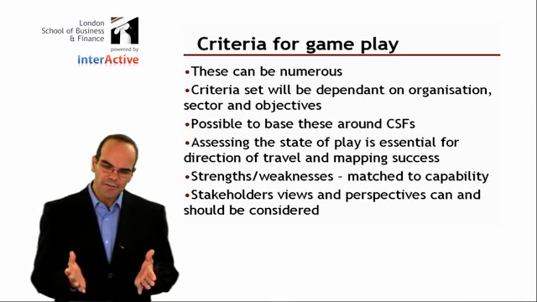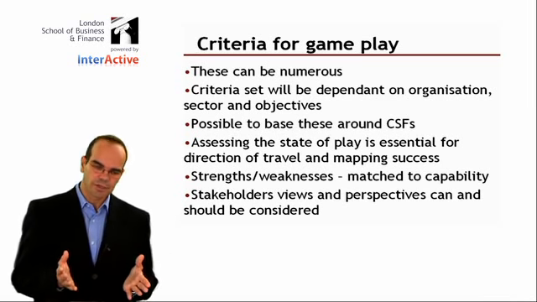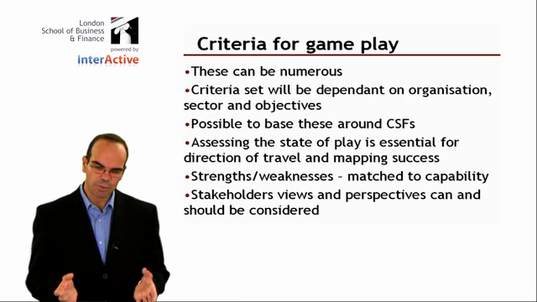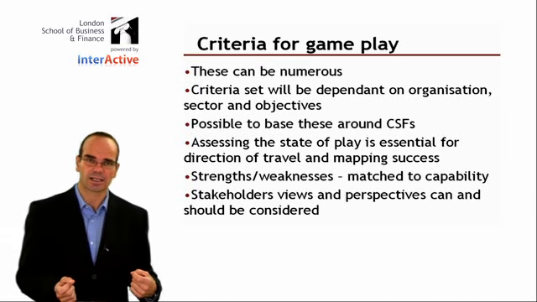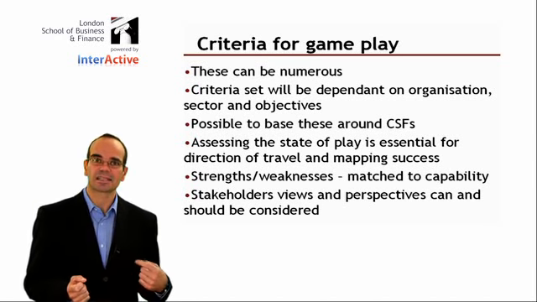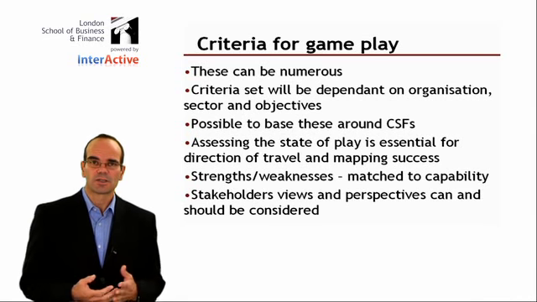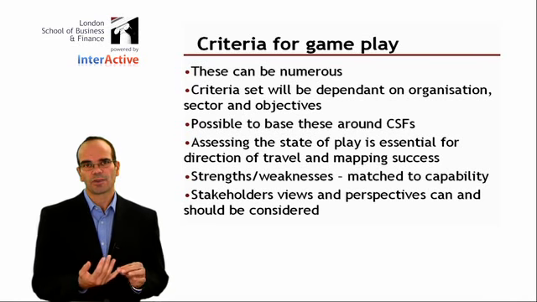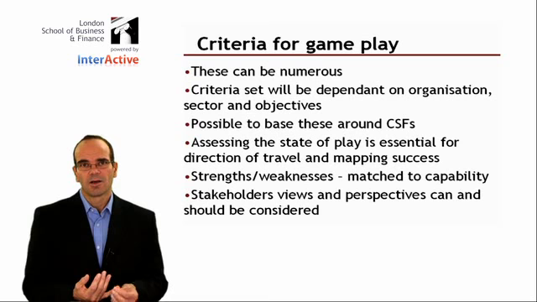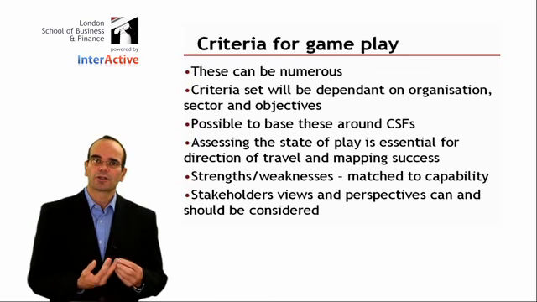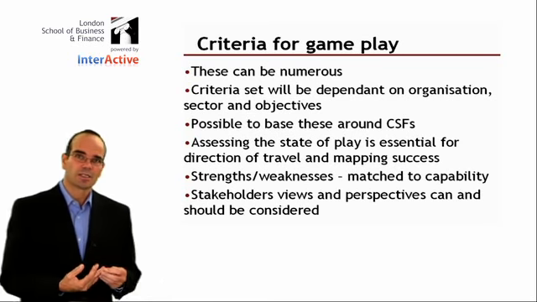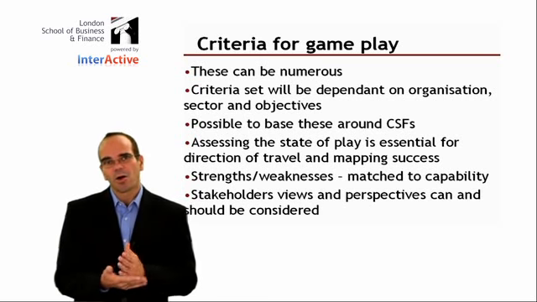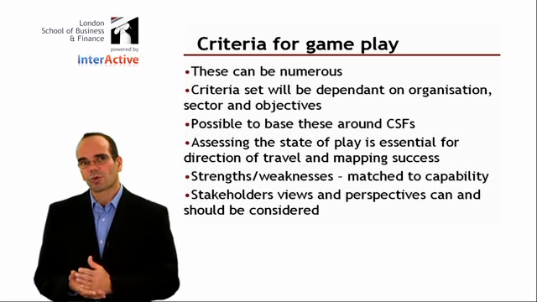So, criteria for gameplay can be numerous. Criteria set will be dependent on an organisation's sector and the objectives that it has in that sector. So ultimately, regardless of whether you're a production company, a manufacturing company, or a company offering products and services on a virtual basis, market forces will be different for each one.